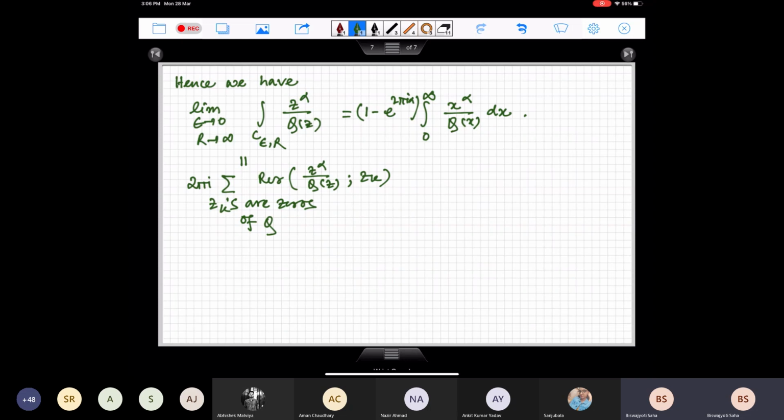So this is the integral we get, and therefore that gives you a formula for the integral from 0 to infinity of x power alpha by q(x) dx. Okay, so here I can also try to do one example, and we will see some more cases after this.